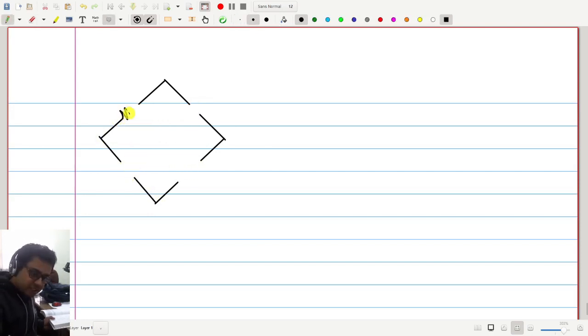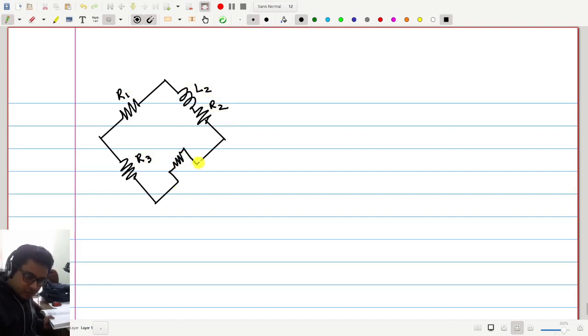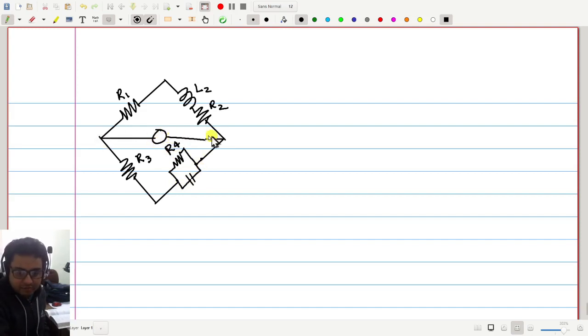We have resistance, LR coil, R1, L2, R2, R3, and here we have R4, C4. Okay, and maybe the detector is here. Find the balance equation. Do it quickly, please.